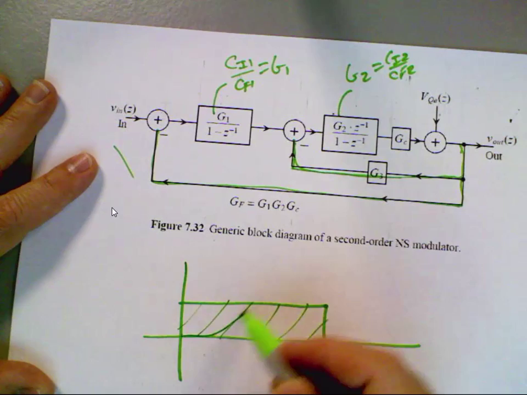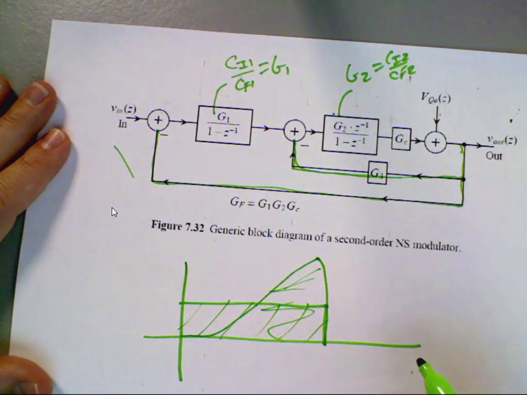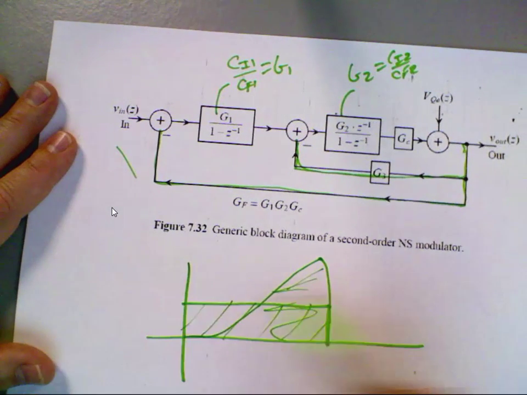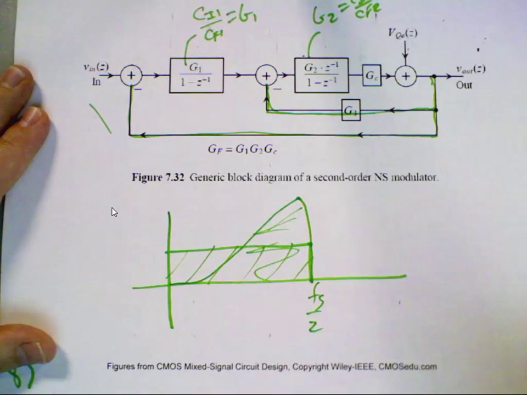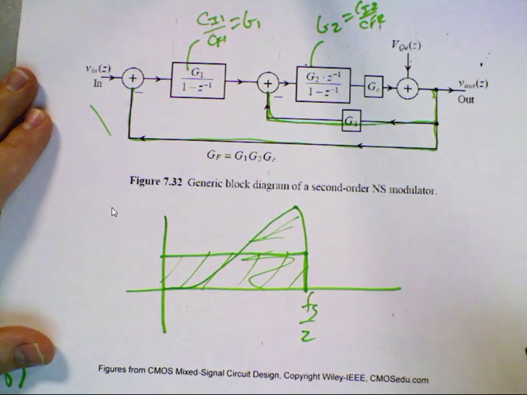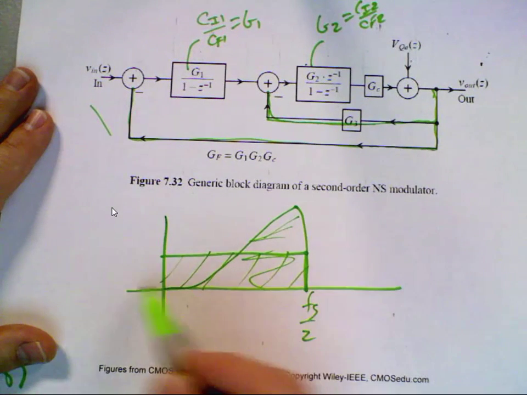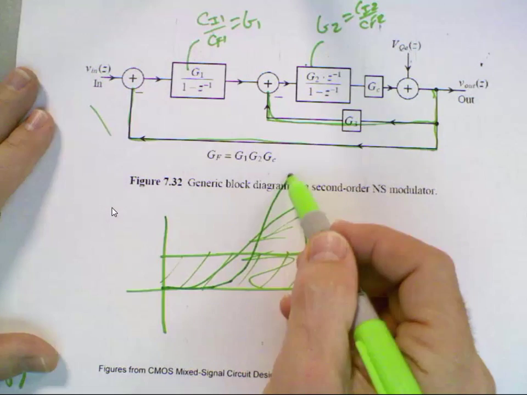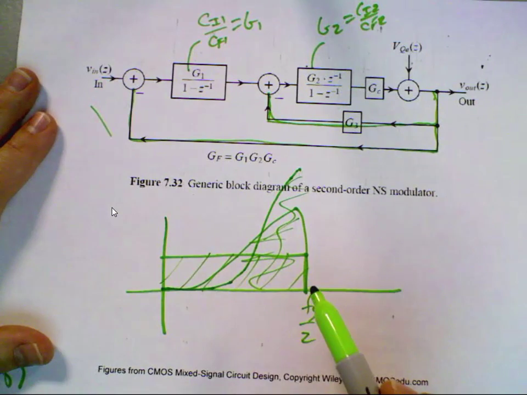You get something that looks like this, where the noise is the same. Before we do the noise shaping, it's all the same up to f sub s over 2. With second order, it's the same thing, except you get something like this, and then it goes up higher, but the area is right here.